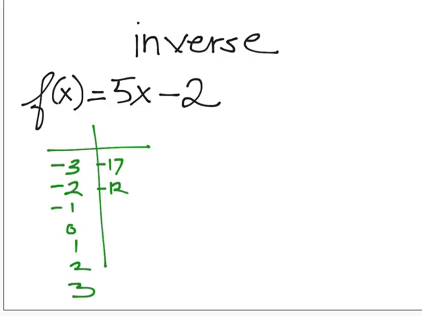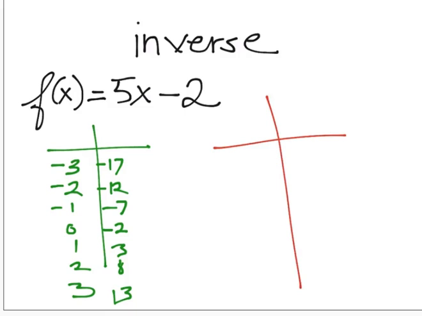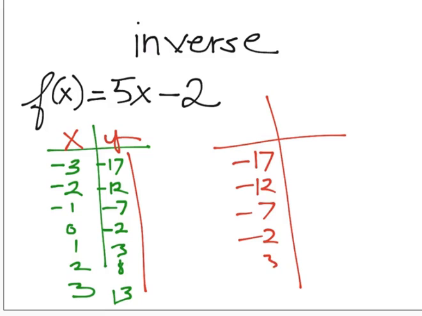-17, -12, -7, -2, 3, 8, and 13. Now, how do I do the inverse? What do I do to the table? Well, if this was x and this was y, now what do I do? Well, these are now x's. -17, -12, -7.